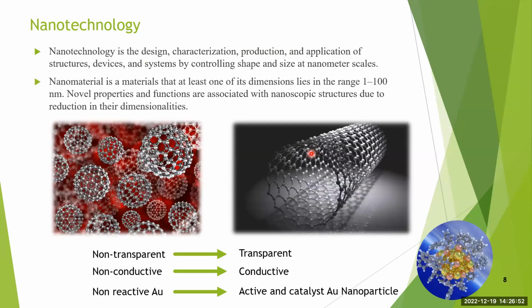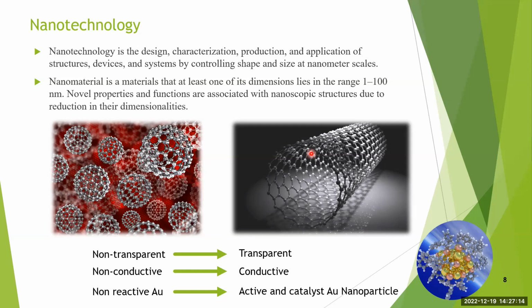Okay, so what is nanotechnology? Nanotechnology is the design, characterization, production, and application of devices at the nanoscale. We call a material nanomaterial when at least one of its dimensions is in 1 to 100 nanometers. And a lot of different properties occur in nanomaterials because of these reduced dimensions.